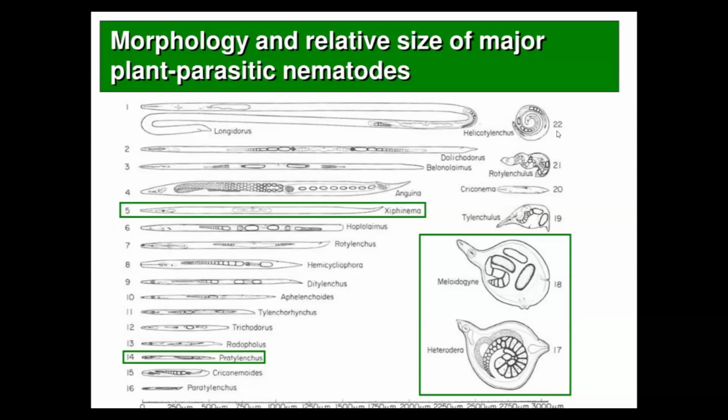Is Tylenculus pregnant too? No, Tylenculus is not pregnant. That is the shape. That's why I said it's only these ones in the box that are females. They are pregnant females. When they are not pregnant, they assume the worm-like form.